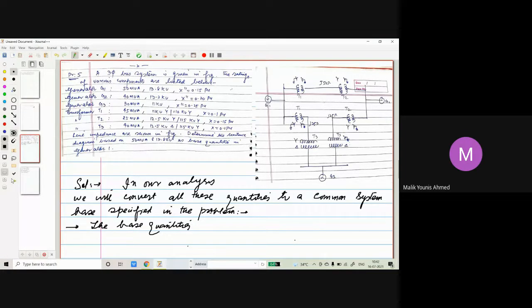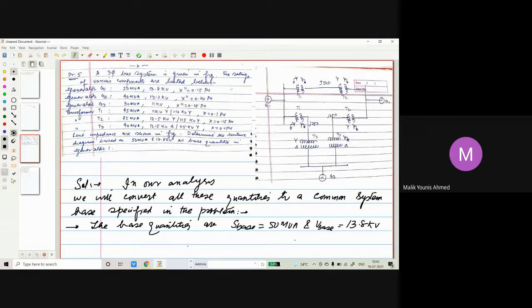The base quantities are S base equal to 50 MVA and V base as 13.8 kV. So the S base and V base are given, 13.8 kV and 50 MVA. Let's do it one by one now.